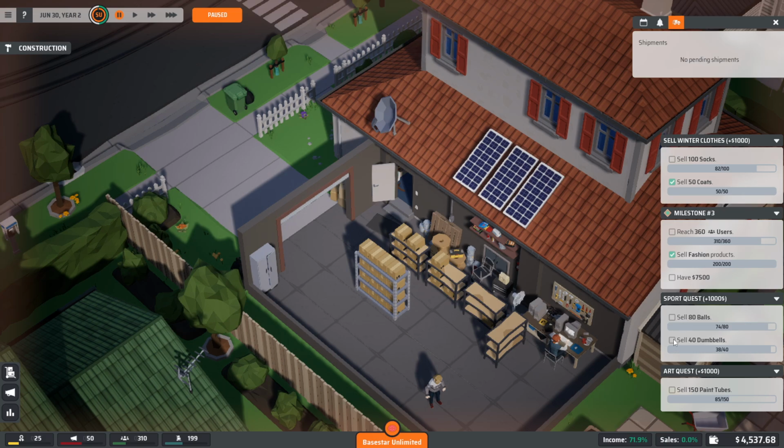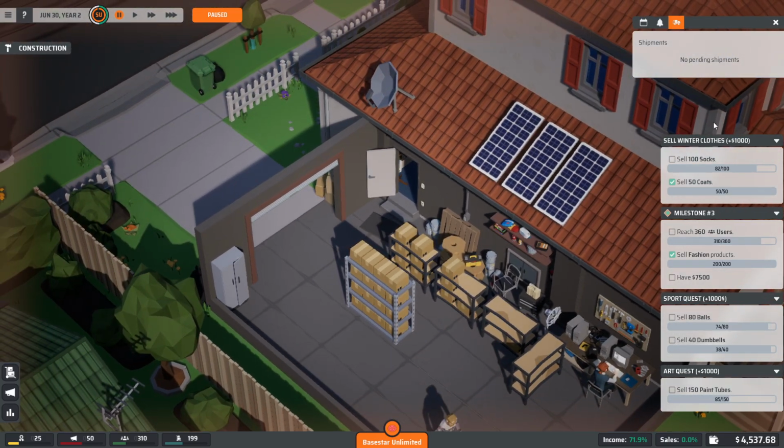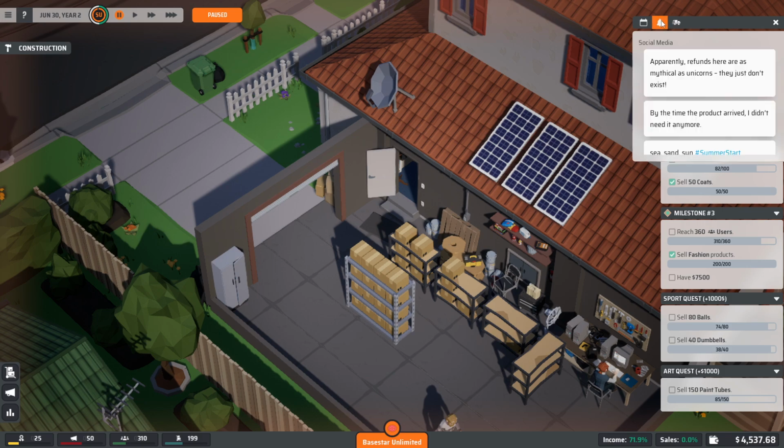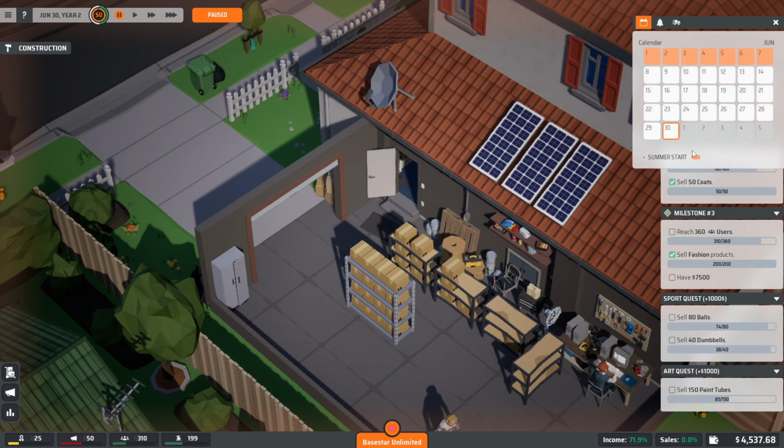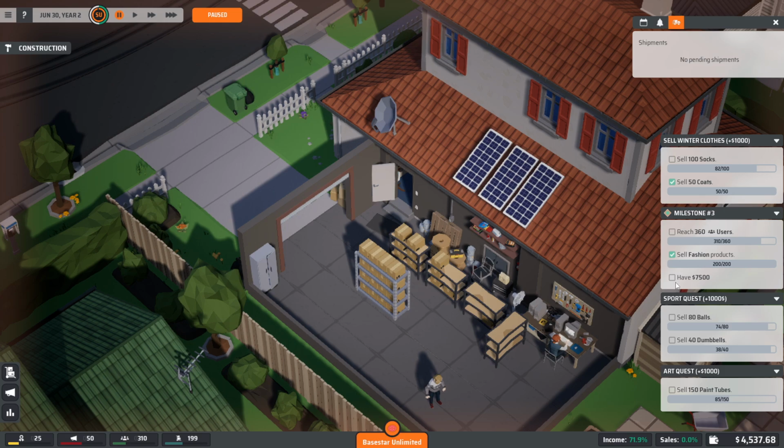Of course, I'm selling all these different things, which is fine. There's some interesting stuff like you can get some extra money from there, and eventually I'd hit milestone 3.